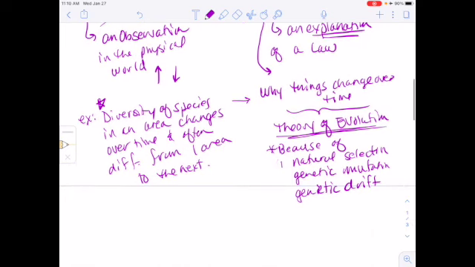So the theory just says, natural selection means things change over time. One of the reasons that things change over time is that the environment naturally selects for what plants and animals can live in this particular area. For example, you do not have orange trees growing in the wild up here in New England because the environment selects for that.